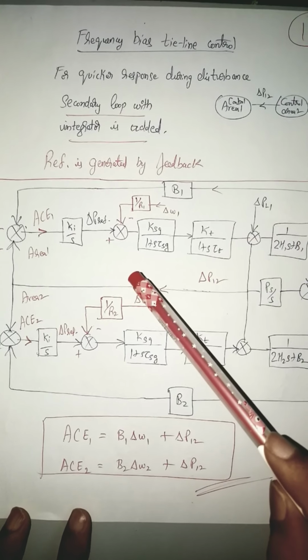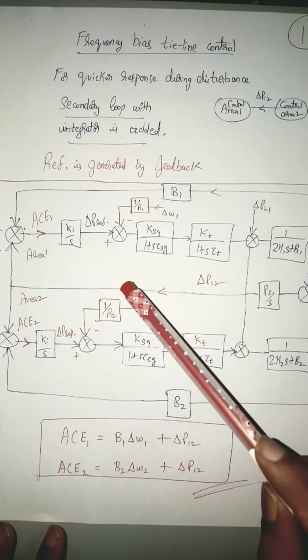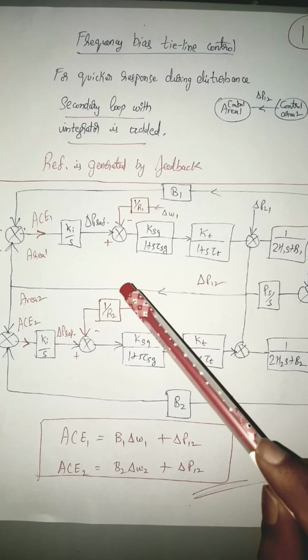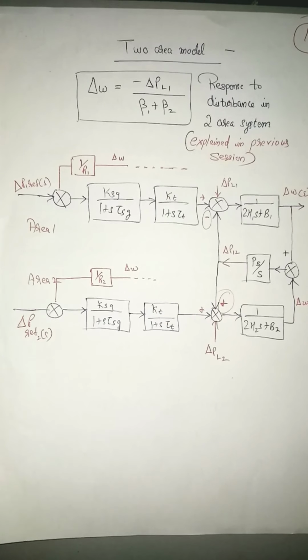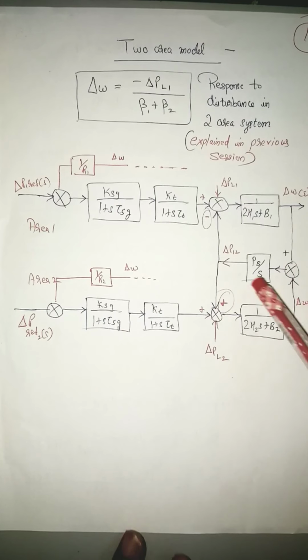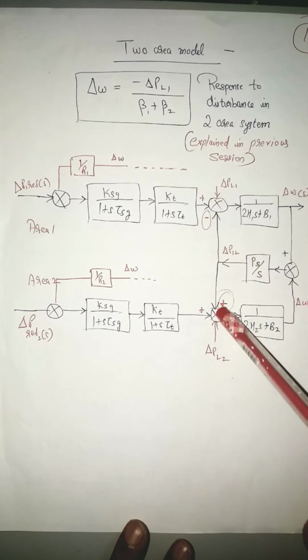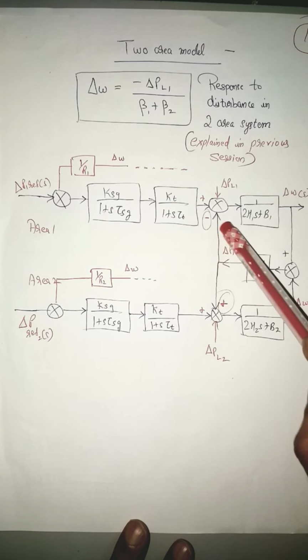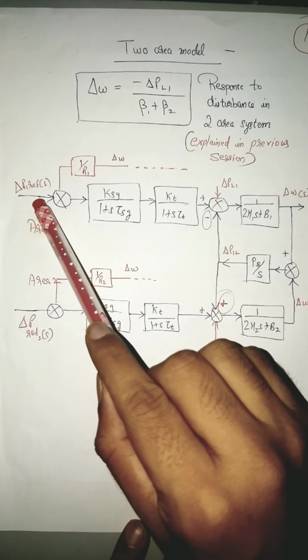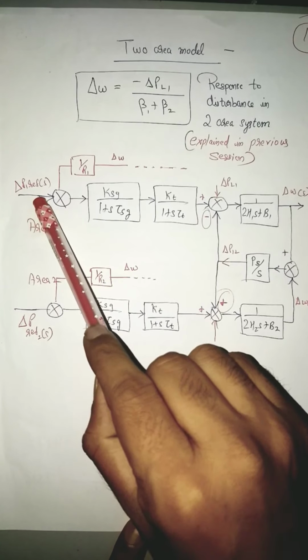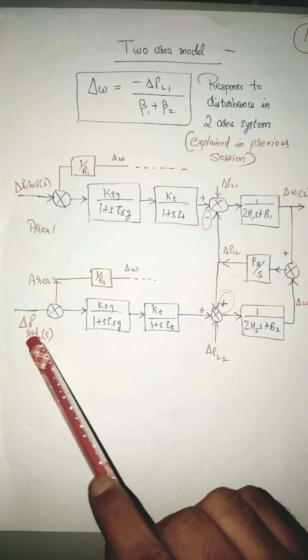So for you to just recollect, I'll show you the previous block diagram without this so that you can understand. See, in the previous case, you can see delta P12 is just fed to area 2 and area 1 over here. Tie line power flow exchange is happening, but there is no feedback. Delta P1 reference is given manually. Delta P2 reference is also given manually.